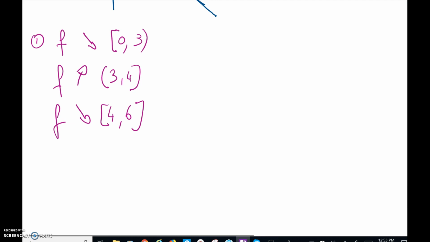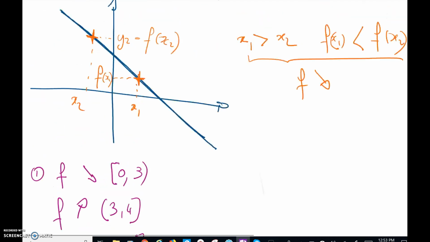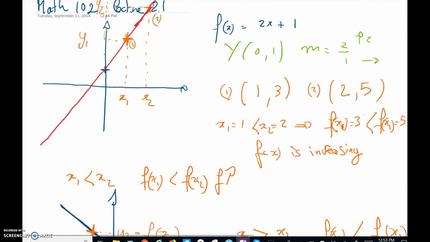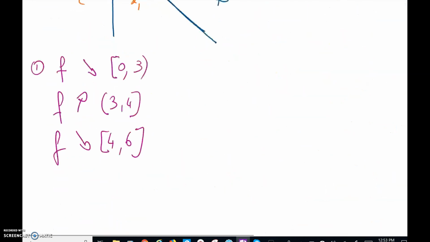Now, if you're really insecure, what you will have to do is exactly what I did right here to prove that this part of the graph is increasing or decreasing. If you look at the interval 0 to 3, you take two points.